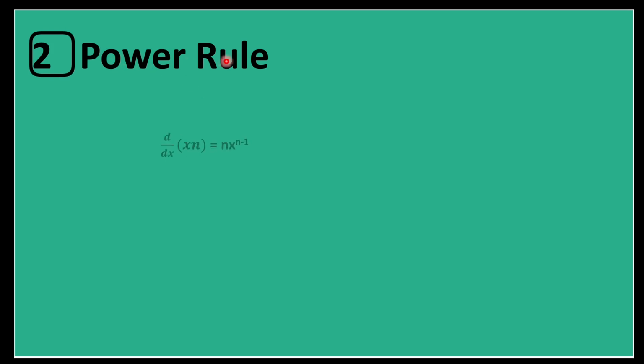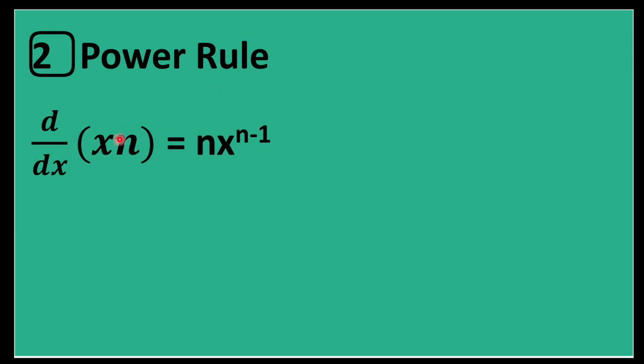If we have any power, for example, x power n. So here is a writing mistake; this is basically x power n. So for x power n, we will write this n in place of coefficient. So first we will write this n, and then we will subtract 1 from the power. So this is the differentiation of this power.